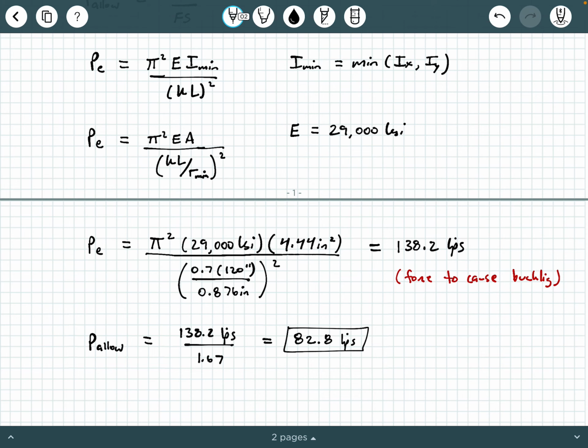To prevent this column from even coming close to buckling, we are not going to put more than 82.8 kips on this column. We want plenty of safety, so we build in this factor of safety, and this is what is known as our allowable Euler buckling force.